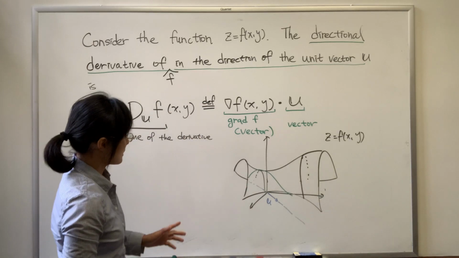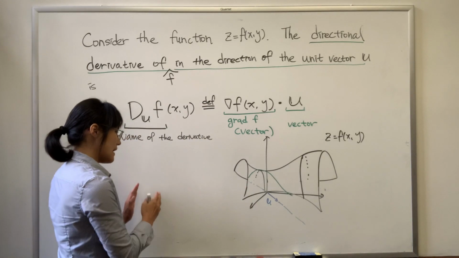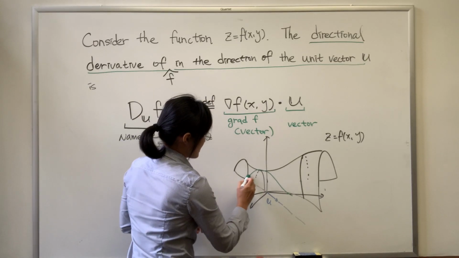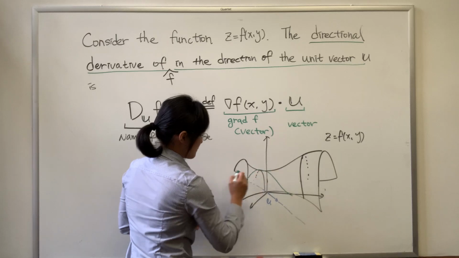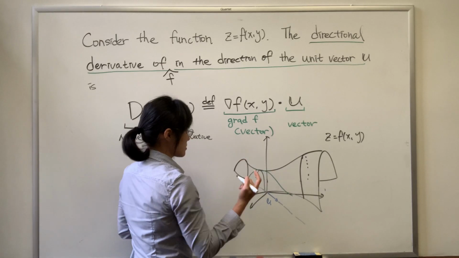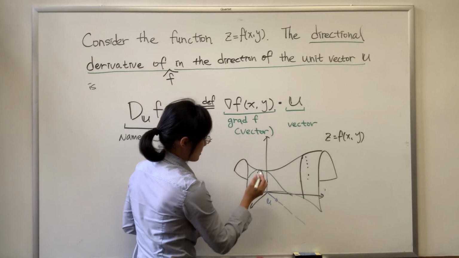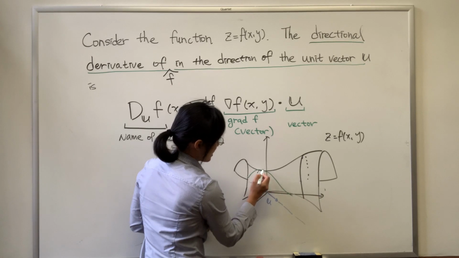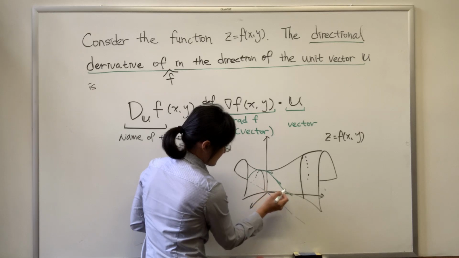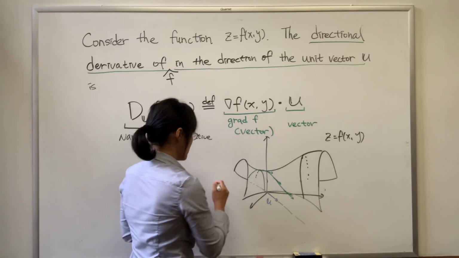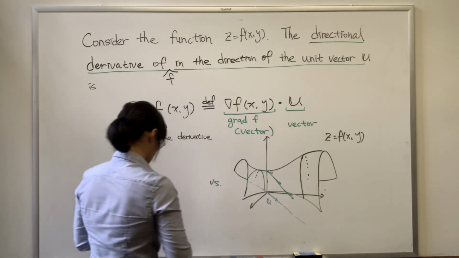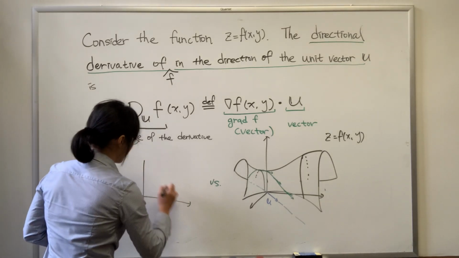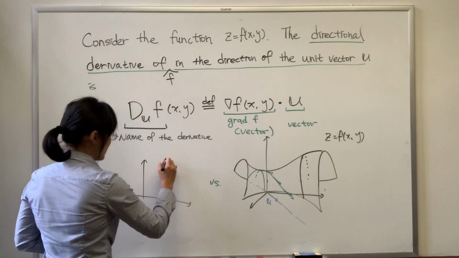Now if I restrict f in the direction of u, I only see this curve. So the directional derivative is asking, suppose I only care about this green curve, what is its derivative? This is similar to what we have in calc 1.